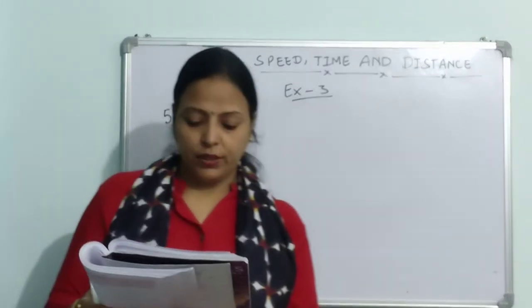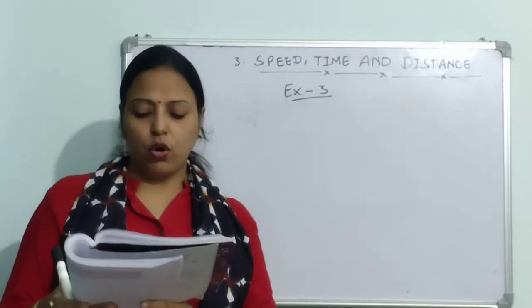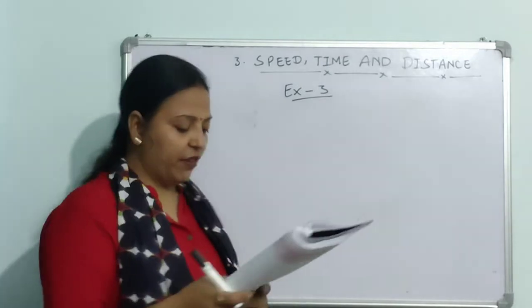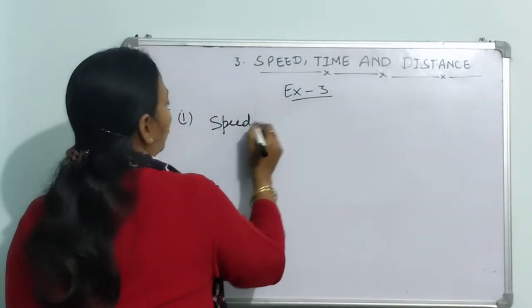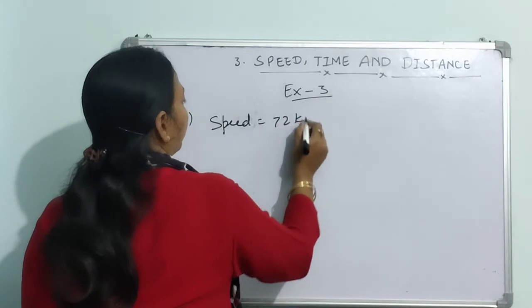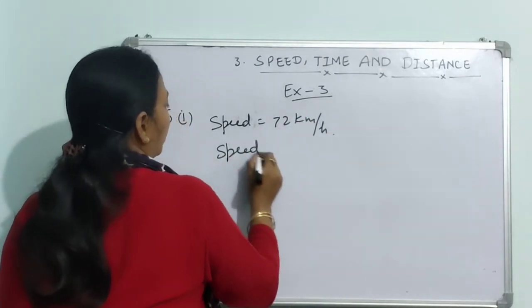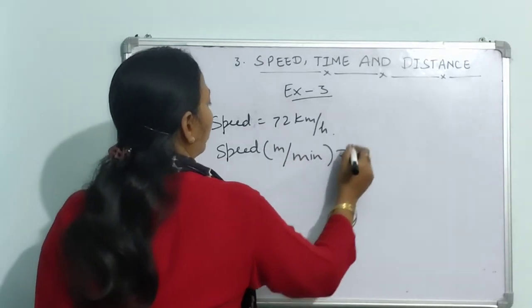Fifth, first one, a train runs at 72 kilometer per hour. What is its speed in meter per minute? So speed is given 72 kilometer per hour, and you have to find the speed in meter per minute.